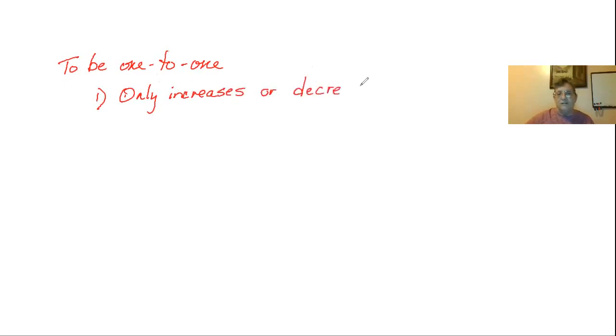To be one-to-one, you can recognize it on the graph. On the graph, you have to see that it only increases or decreases.